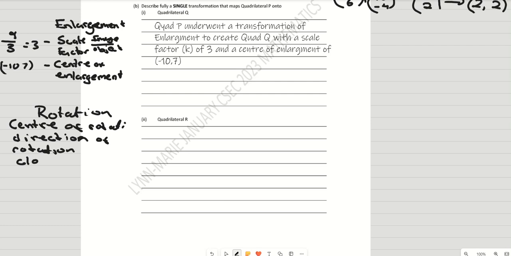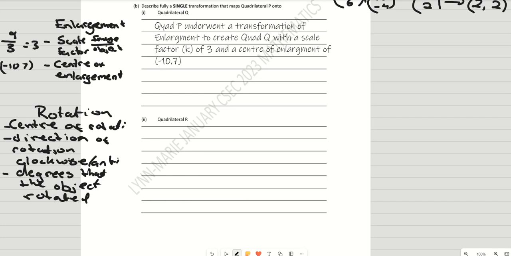That is, if it is clockwise or anti-clockwise, depending on how you'll know. So again, the center of rotation, the direction of rotation. The next thing is the degrees that the object rotated.